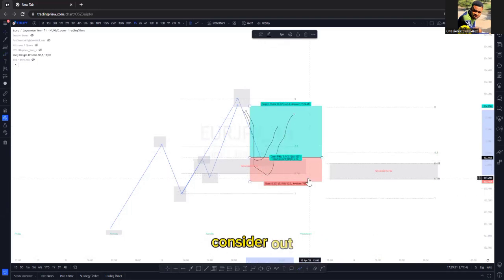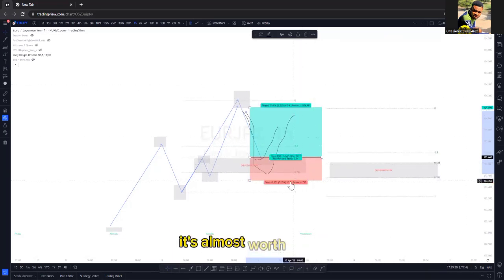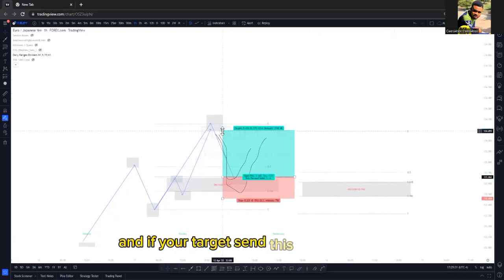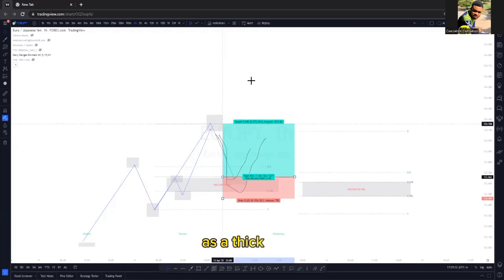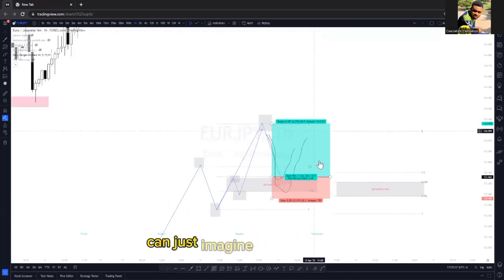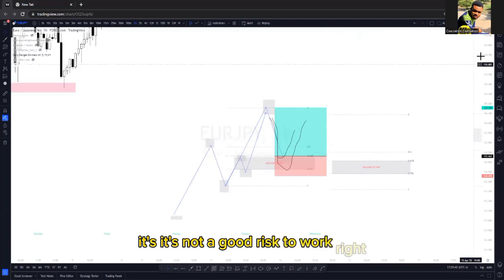But you can see that the stop loss will be wider. It's almost a 20 pip stop loss, right? And if you're targeting this previous high as your take profit, just imagine the risk to reward, maybe 1:2. It's not a good risk to reward.